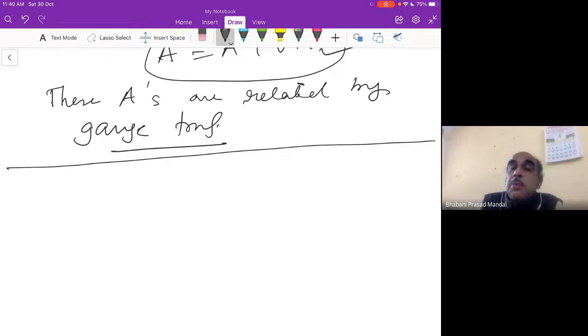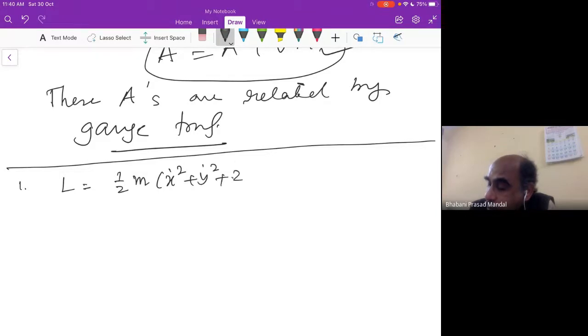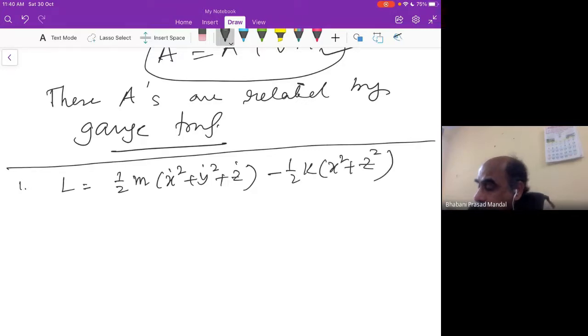Let me discuss. The first question: a Lagrangian was given, half m (x dot square plus y dot square plus z dot square) minus half k (x square plus z square). You are supposed to find what quantities are conserved and what the corresponding conservation laws are.